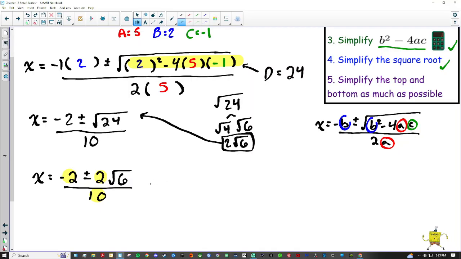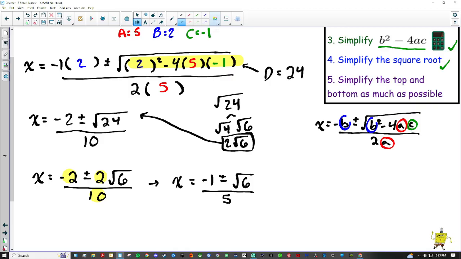So this is all just going to become x equals negative 2 divided by 2 is negative 1. 2 divided by 2 is 1, so just plus or minus 1 times the square root of 6, so just the square root of 6, all over 5. If you can divide all three numbers by something, you need to do that to simplify it. If you can't divide everything, then you're just going to leave it.